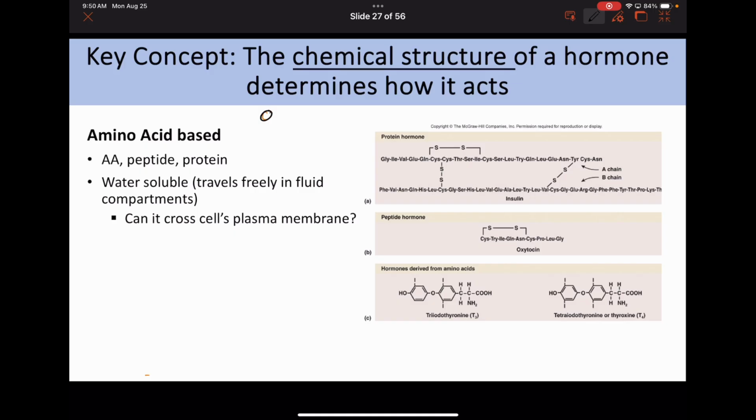I'll draw this in a different color. Not the prettiest phospholipid bilayer, but it's a bilayer. So this portion here on the inside is hydrophobic. The phosphate heads are hydrophilic.